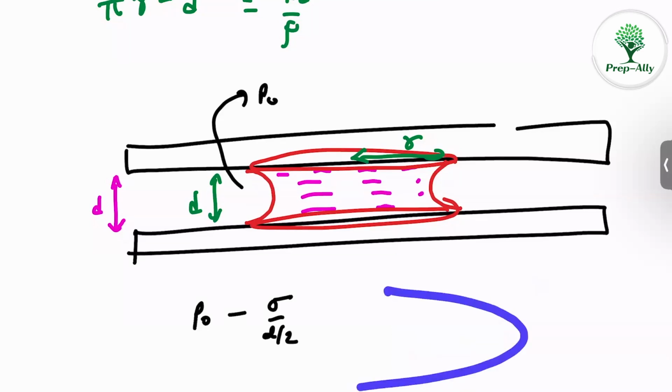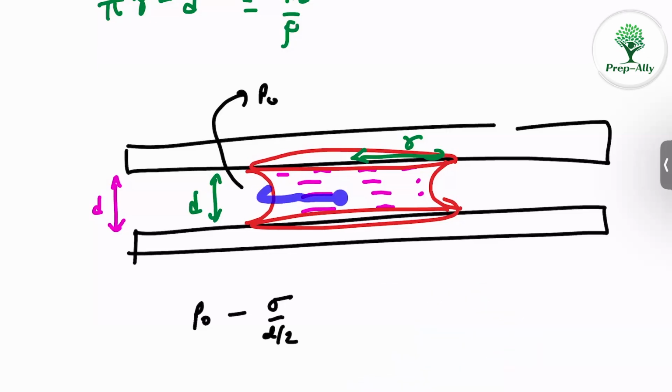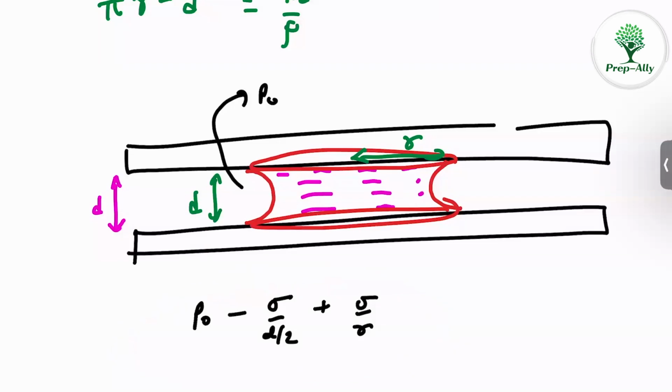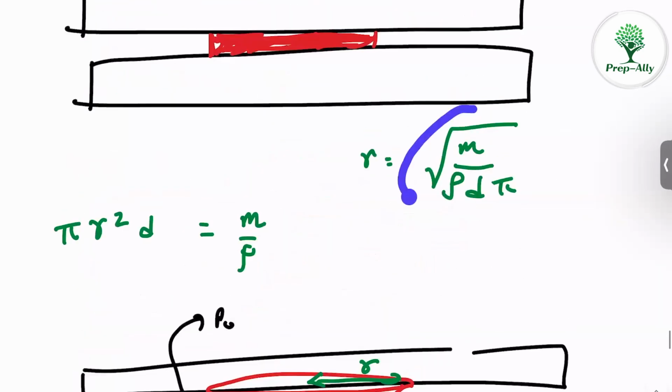Inside is concave, sir. So when you are going along this kind of curveness, the liquid is in the concave side? Yes, sir. So what will be the total pressure inside the liquid? P naught plus sigma by R, sir. So can we say this is the overall pressure? Yes, sir. Considering both the surfaces and both the radius, one radius is d by 2 and one radius is r. And r you can calculate from here.